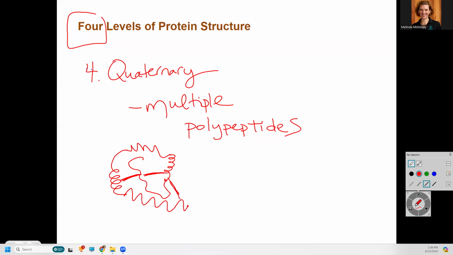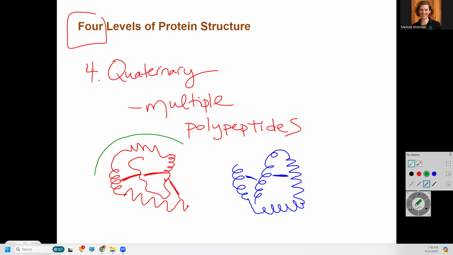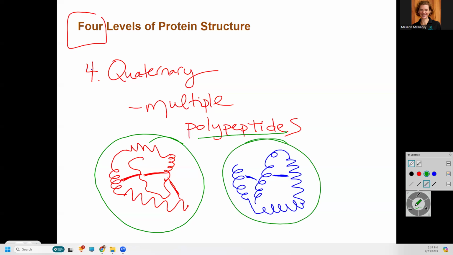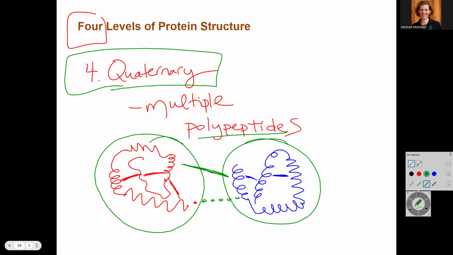So here's one polypeptide, and then you've got another polypeptide over here that has some alpha helixes, and a beta pleated sheet, and then an alpha helix. And then there's a bond between them. If these two interact, now this polypeptide is going to be bonded to this polypeptide. So maybe there are some hydrogen bonds between them and maybe covalent bonds between them. Now that is the quaternary structure. All right, and that's it for proteins.